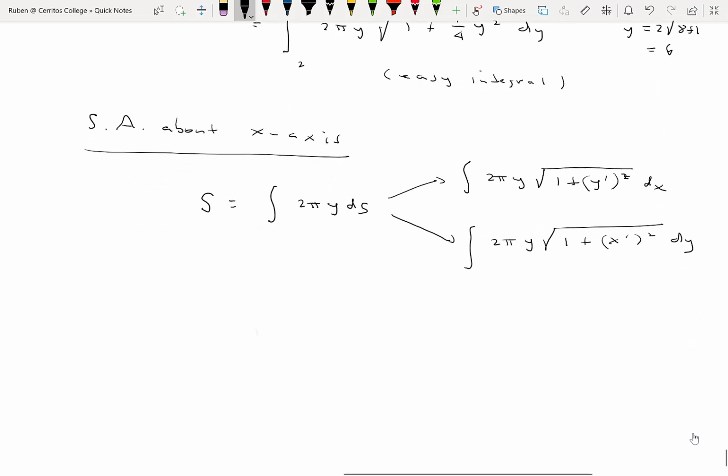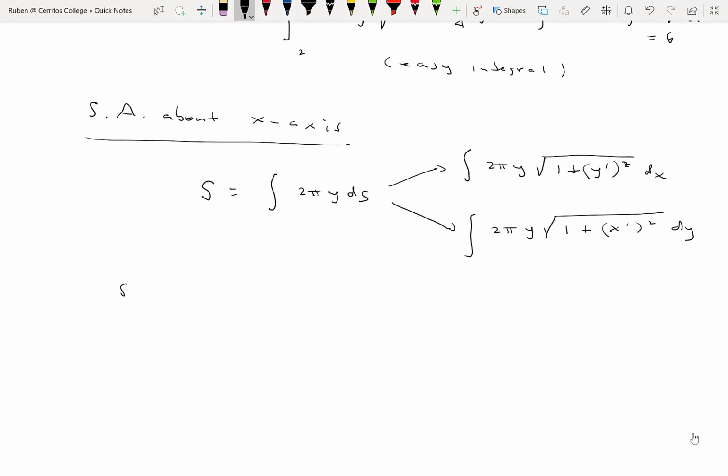Okay. So finally, if we want a formula for surface area about the y-axis, I think you can probably guess what the formula would look like. If we choose to revolve the curve about the y-axis, what do you suppose changes in the formula for the surface area about the x-axis?